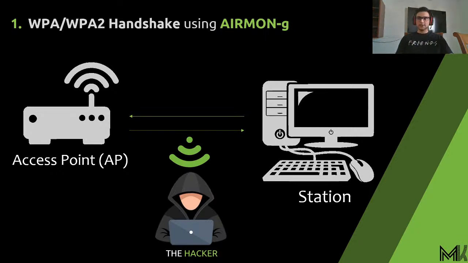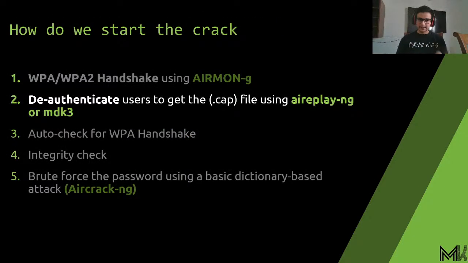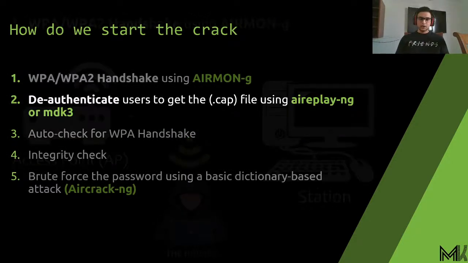Now capturing a handshake actually requires monitor mode. That is the reason why we are switching into monitor mode from managed mode, as I explained in the start about wireless interface modes. So the second part is deauthenticating.